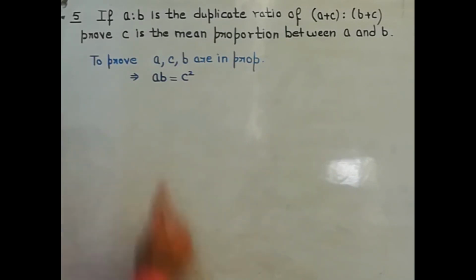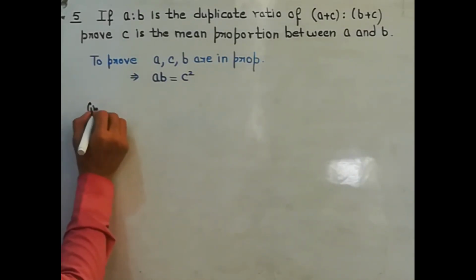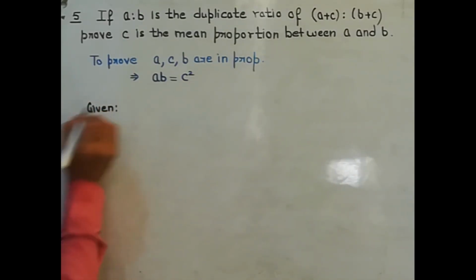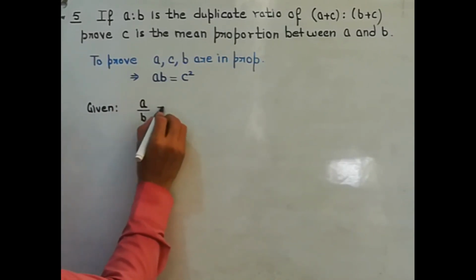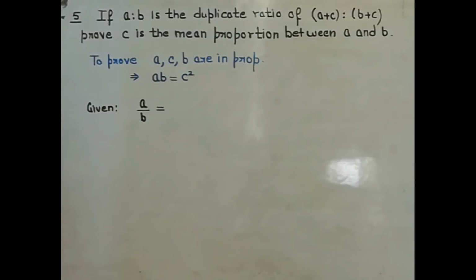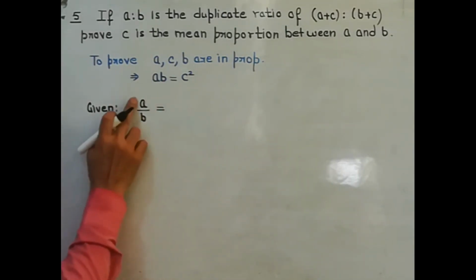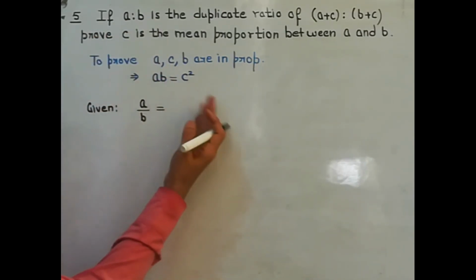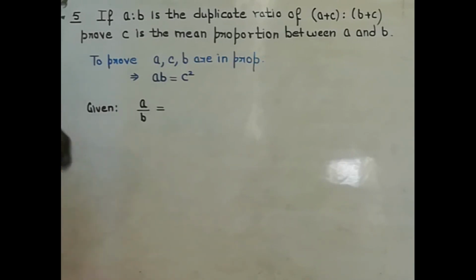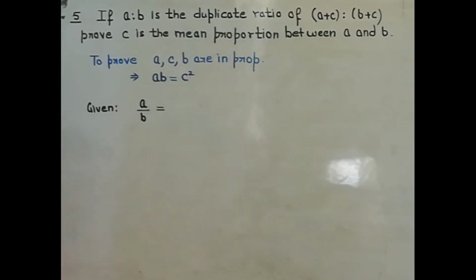Now we have to prove this. And what is given to us? Let us start with that. It is given a upon b is equal to duplicate of. Now on the right side, see a upon b is on the left side, is equal to, and on the right side you have to write duplicate of that.